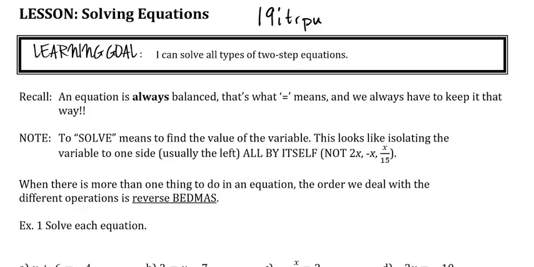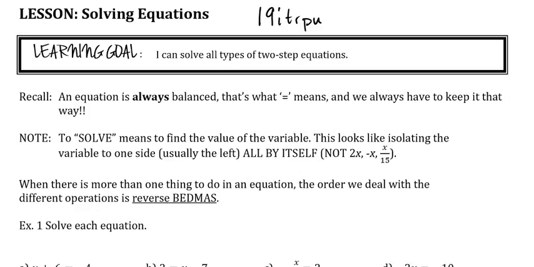Sometimes they only work in some situations and not in others. Solving equations is always doing the same thing to both sides to keep it balanced. So keep that in mind always. As we work today and tomorrow, we're going to do a couple of days of solving equations, and that will help keep you on the right track.